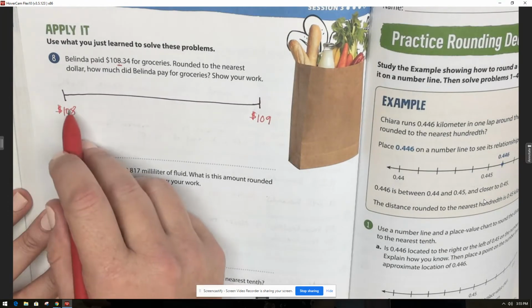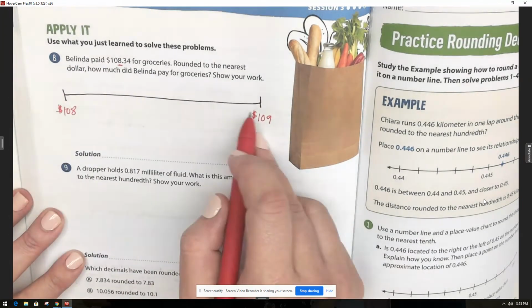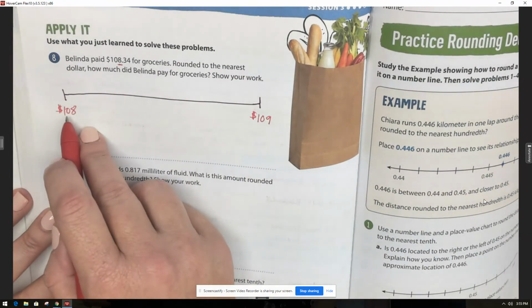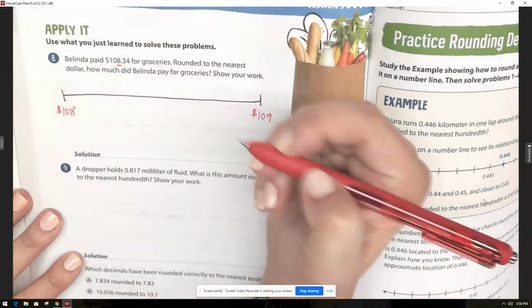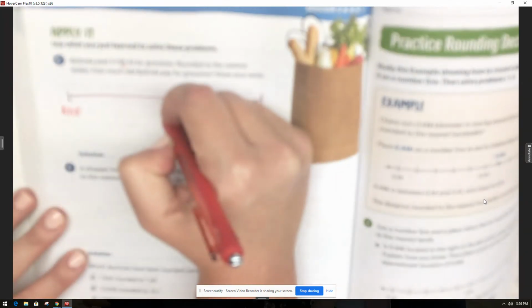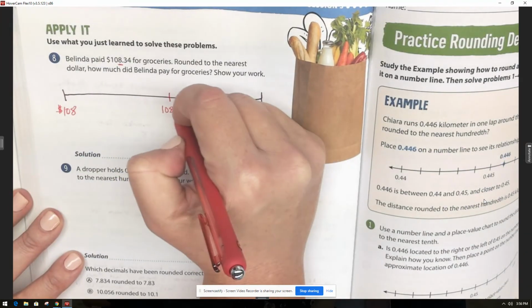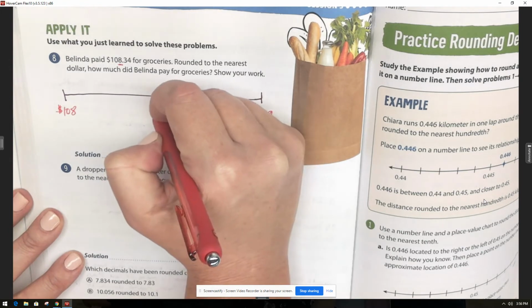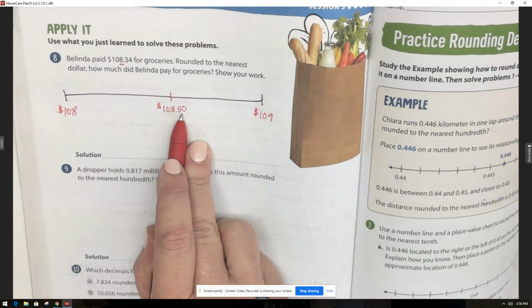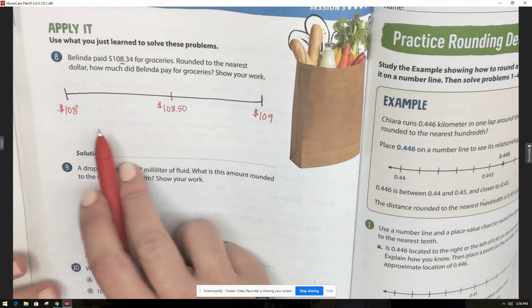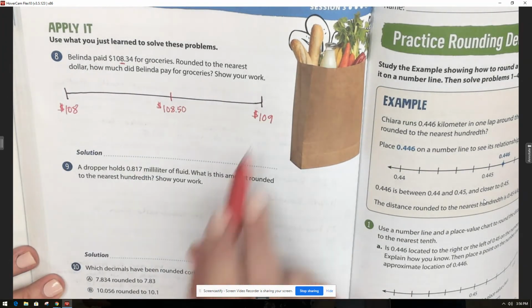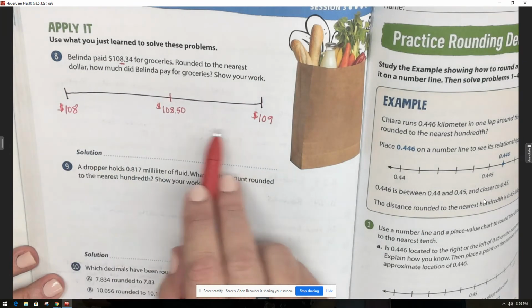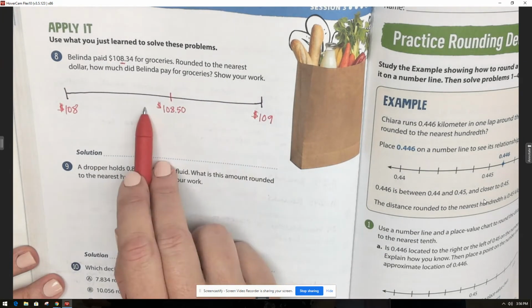Then I'm going to figure out what is exactly the middle between $108 and $109. And I know that the exact middle is $108.50, because 50 cents is halfway between 108 dollars and 109 dollars.